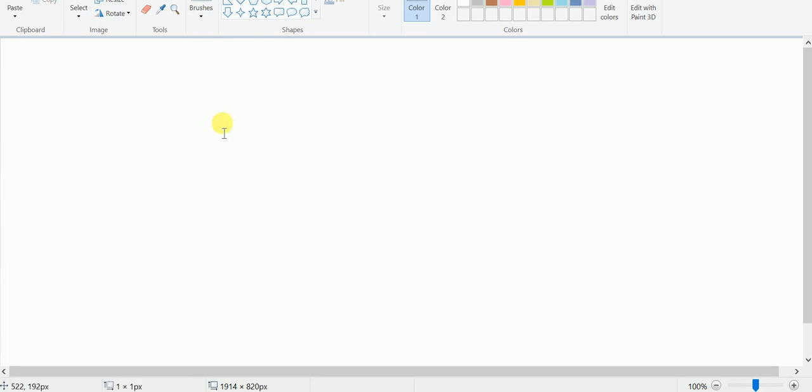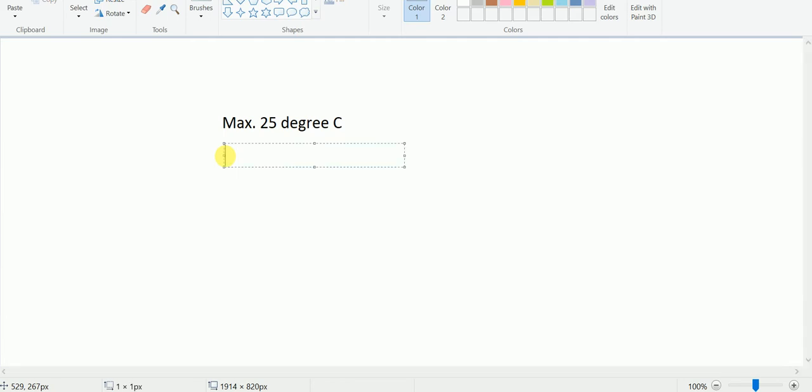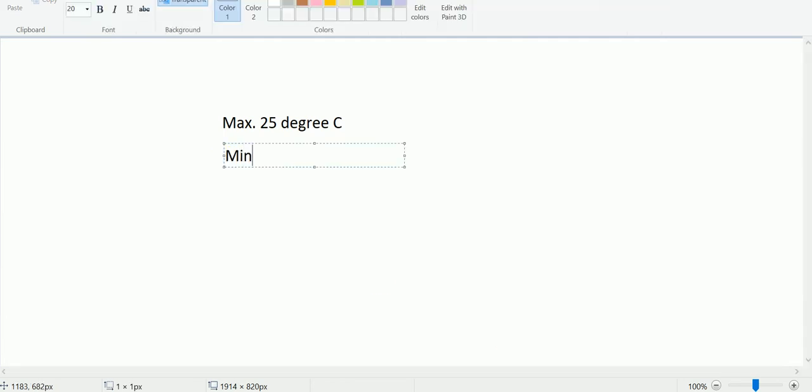Say for example, today a thermometer records a maximum temperature of 25 degrees Celsius, and a minimum temperature of 20 degrees Celsius.